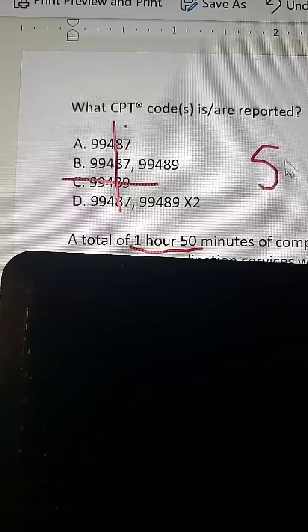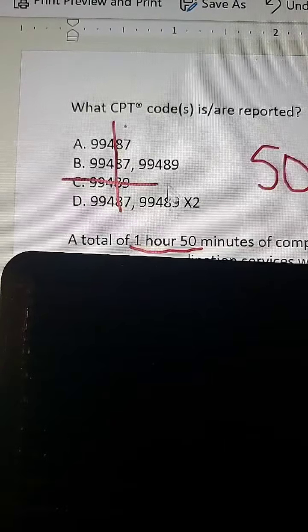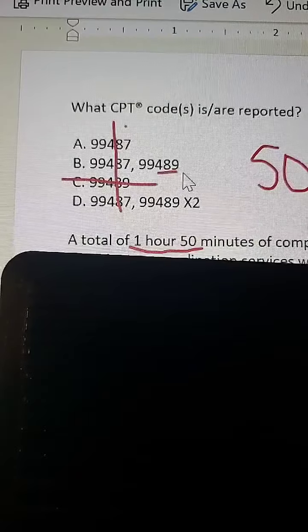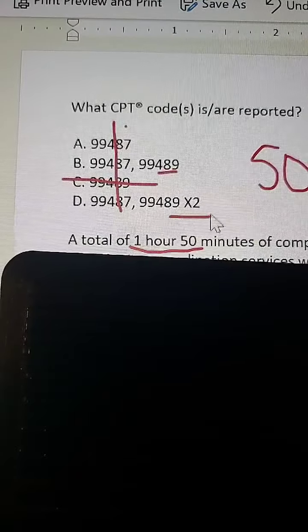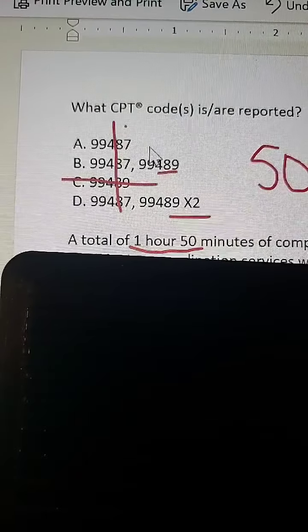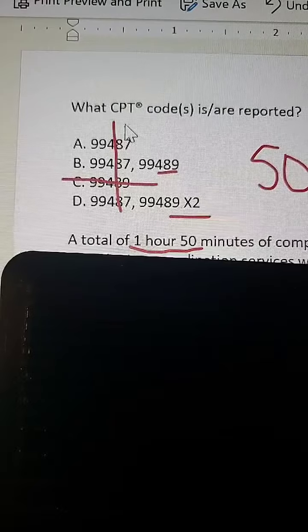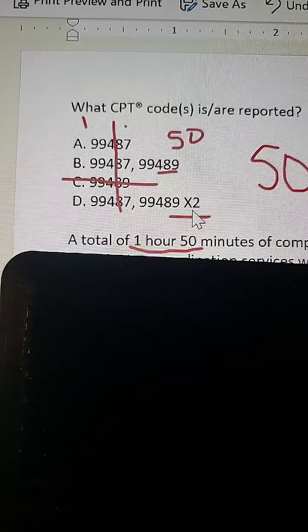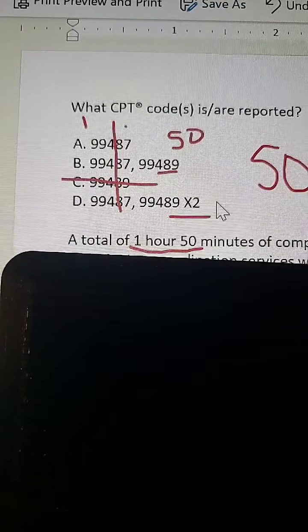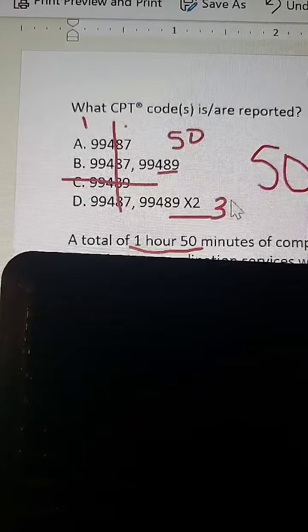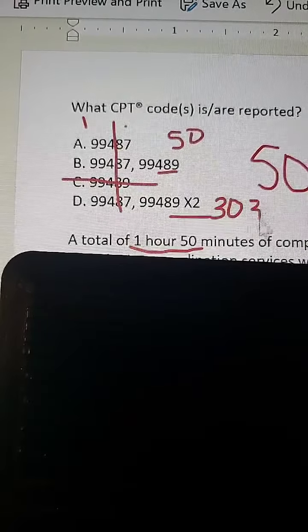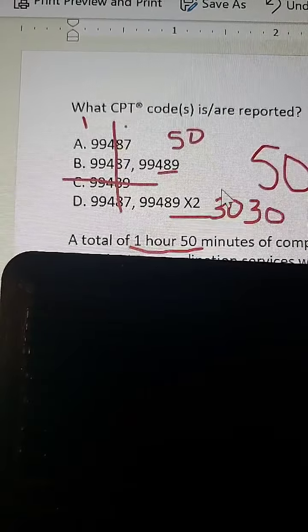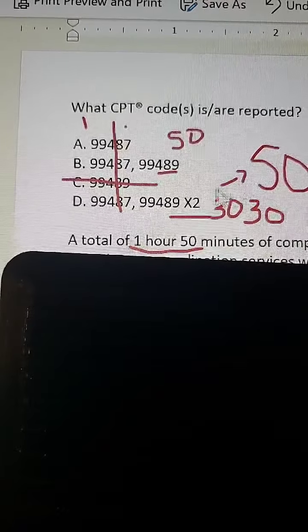For the additional 50 minutes, do we code this code by itself or this code times 2? So this one does the 1 hour. Then we have 50 minutes left over. What would we bill? Is that enough to bill 2 more 30 minutes, to bill 60 minutes when we only have 50?